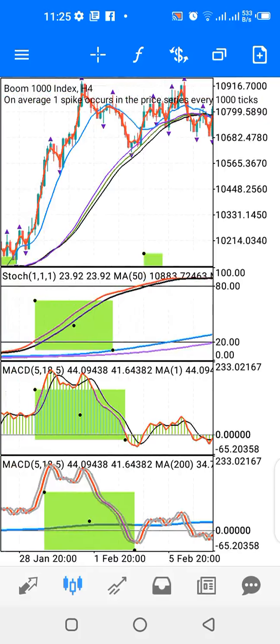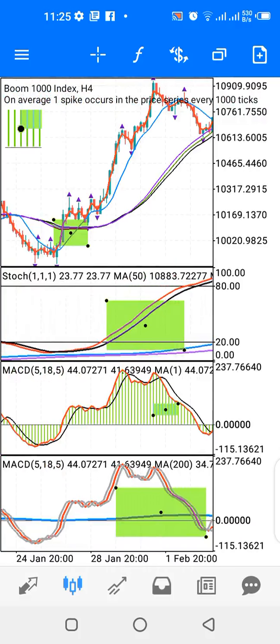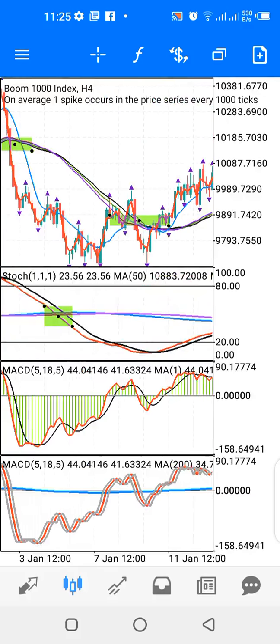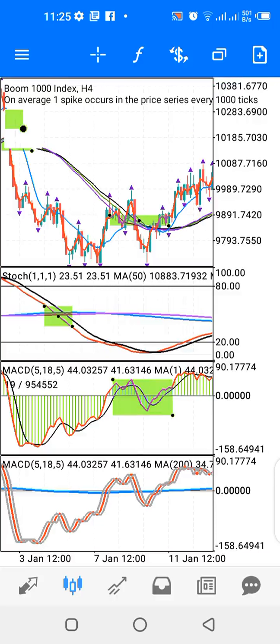Now when the red and the black line cross above the 0 level, we have a buy signal. When it crosses above 0 level, like we have around here, that's our buy signal.